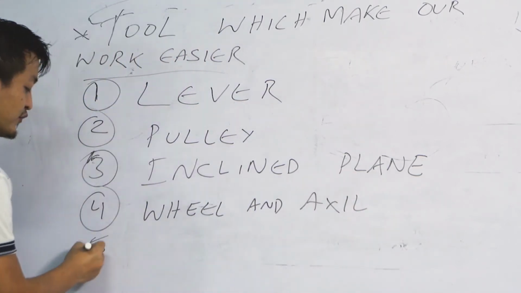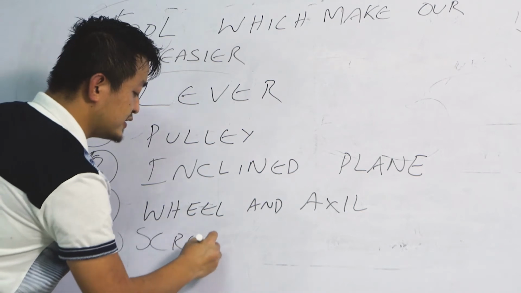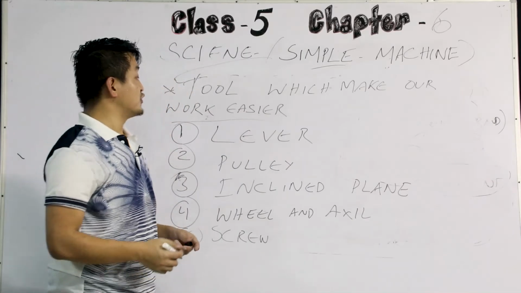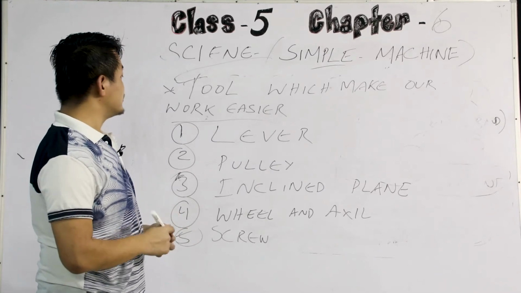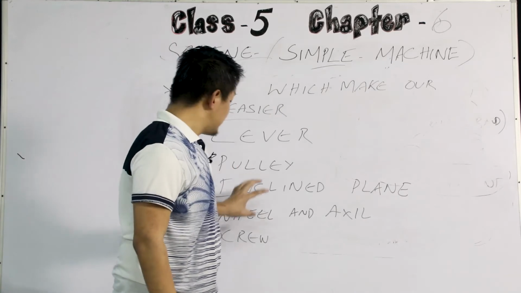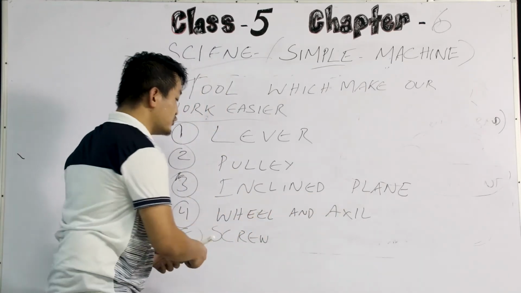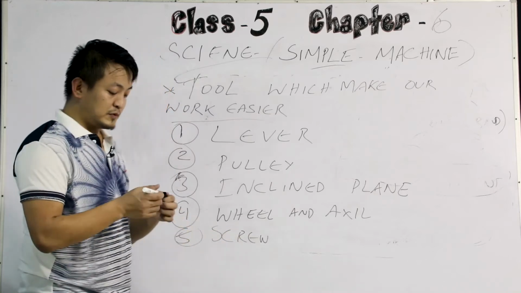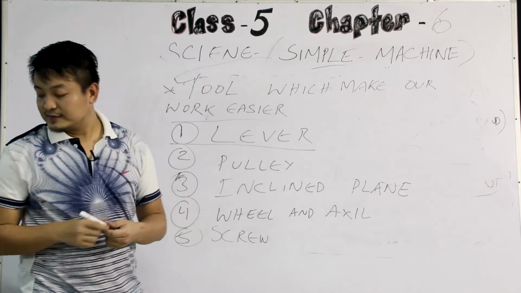And the last type of simple machine would be the screw, S-C-R-E-W. Clear? If you are asked in the exam to write the types of simple machine, you'll mention all of these: lever, pulley, inclined plane, wheel and axle, and screw. We'll discuss the lever in detail.